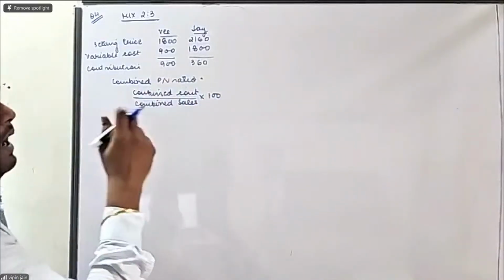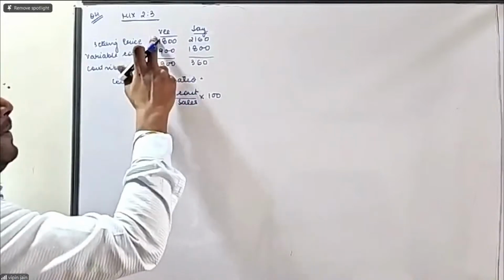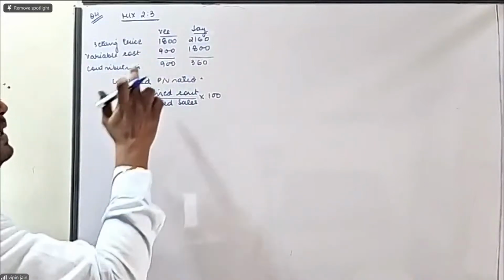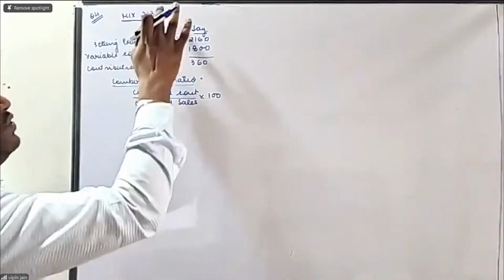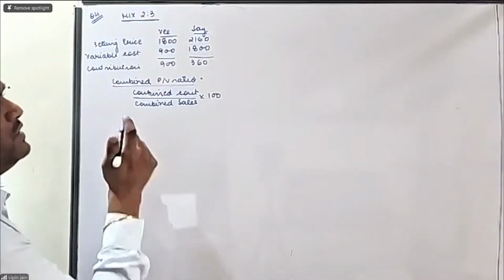See, apart from this selling price and contribution per unit, if we want to calculate the combined PV ratio, we have to give the impact of the quantity also.